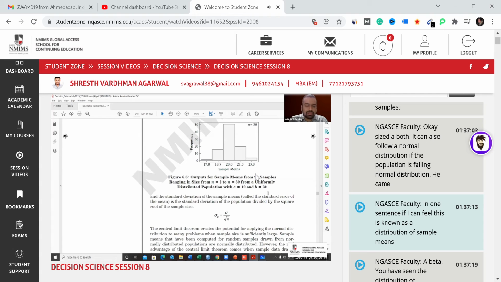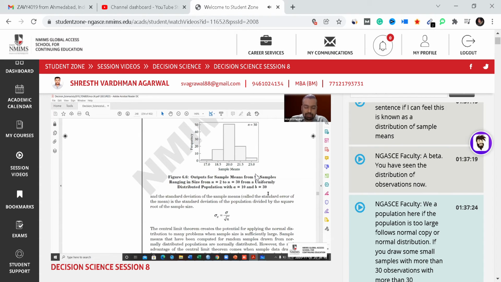Till now you have seen the distribution of observations. Now, for one population, if the population is too large and follows normal distribution, and you draw some small samples with more than 30 observations, with more than 30 respondents, then those samples can also follow normal distribution. They can also exhibit a normal curve.